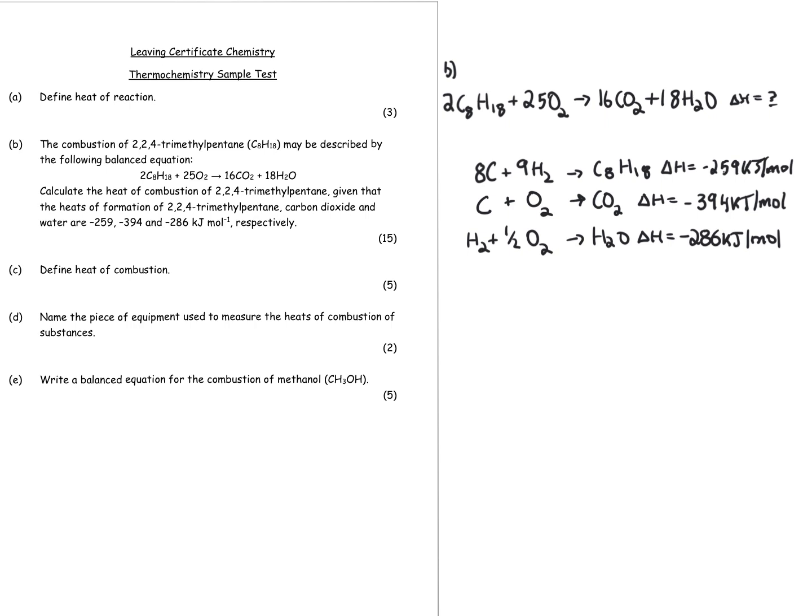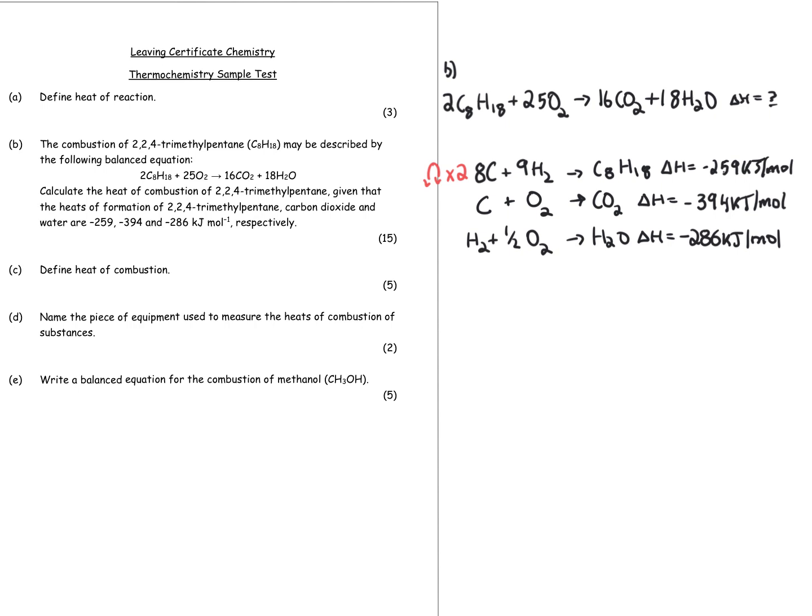Step 3 is we're going to have to rewrite or rearrange the equations needed so the reactants and products are on the same side as the equation you're looking for. So to begin with here, we need 2C8H18. At the moment we have the C8H18 here, so it needs to be flipped over to the other side, and we also need to multiply it by 2 because we need 2C8H18.